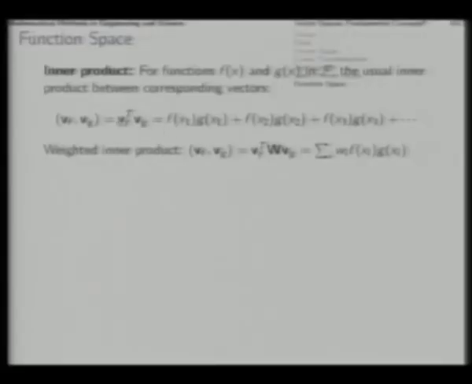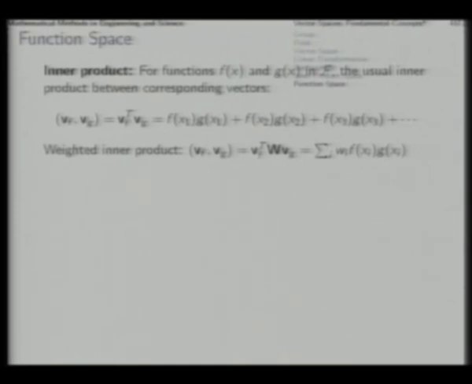Then as vf and vg are the function values, this will be the same as f(x1)g(x1) plus f(x2)g(x2) and so on. Like this, you can work out a weighted inner product also, which will be something like this if this weight matrix W is a diagonal matrix with W1, W2, W3, etc.